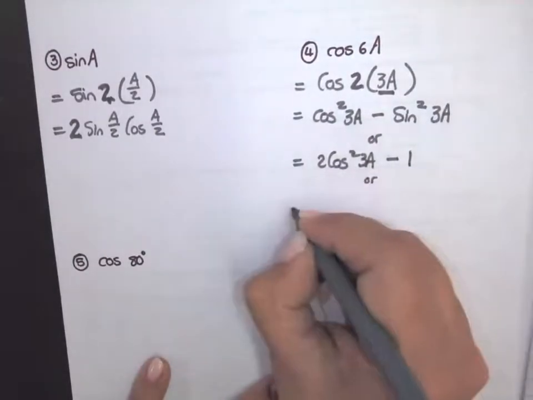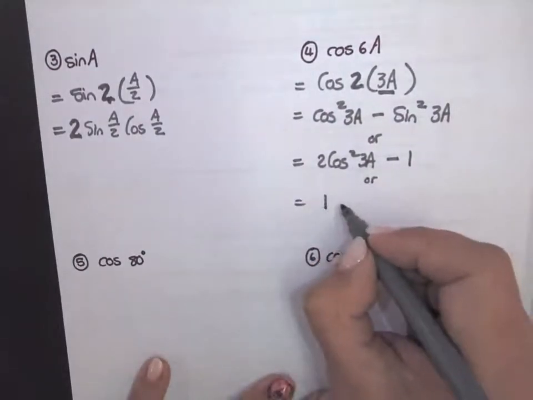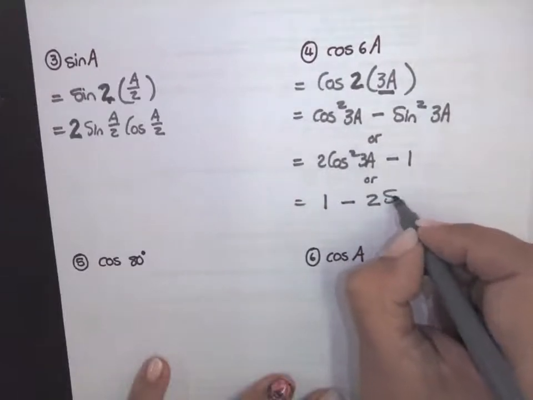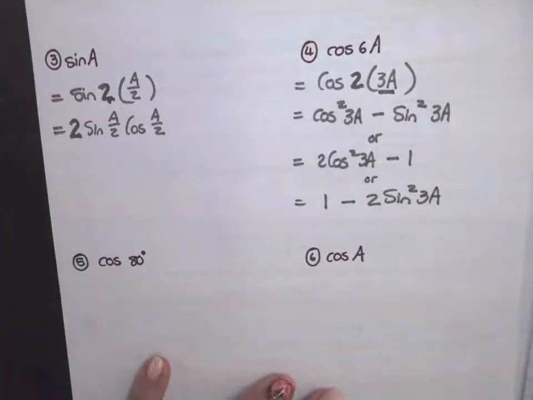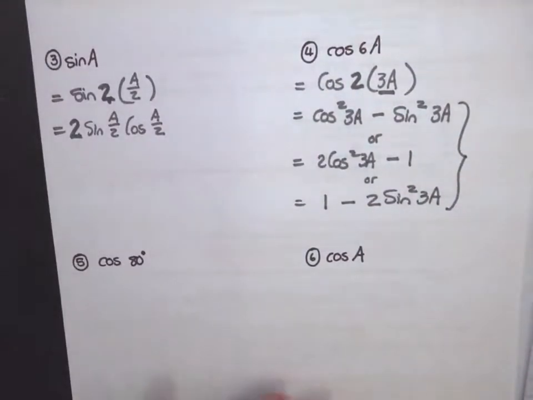Or you can write it as 1 minus 2 sine squared 3A. So all three of these are the same concept. It depends on what you want to do with your sum, whether you only want sines or only want cosines or want both of them.